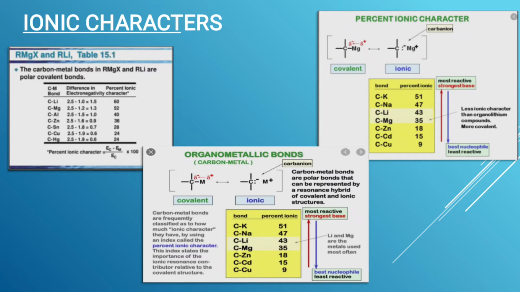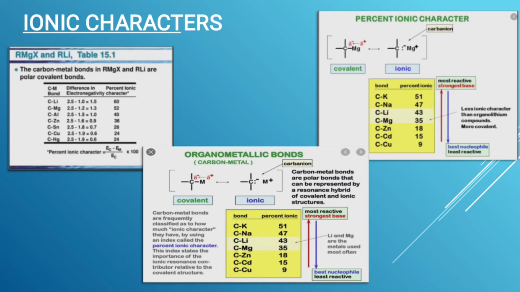The reactivity of organometallic compounds depends upon the ionic character of the carbon-metal bond. The more ionic the carbon-metal bond, the more reactive the organometallic compound.